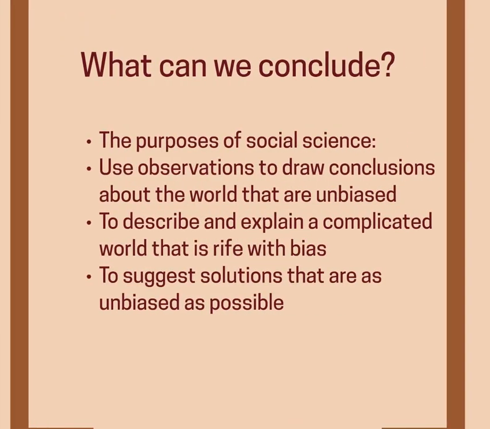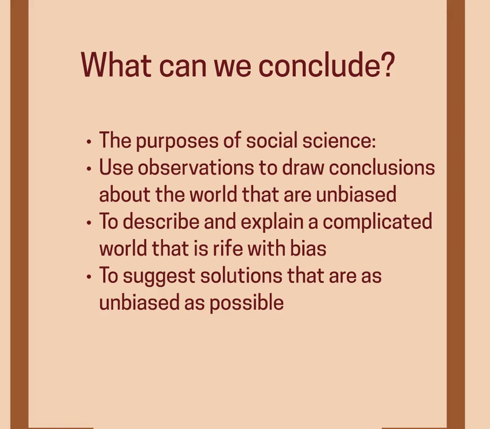So we can conclude from this idea of empiricism being a language of science that the observations that are being used to draw conclusions about the world are unbiased, or as unbiased as they possibly can be. Now, of course, this is important because we're trying to describe and explain a very complicated world that's often rife with bias.